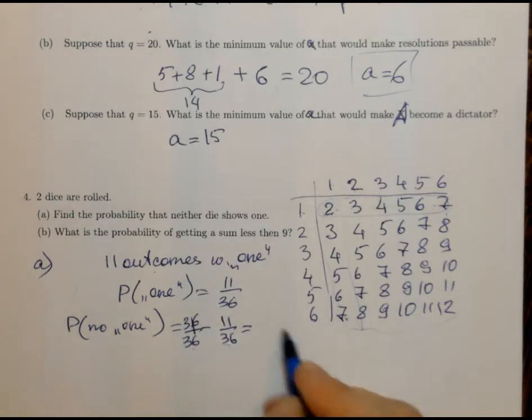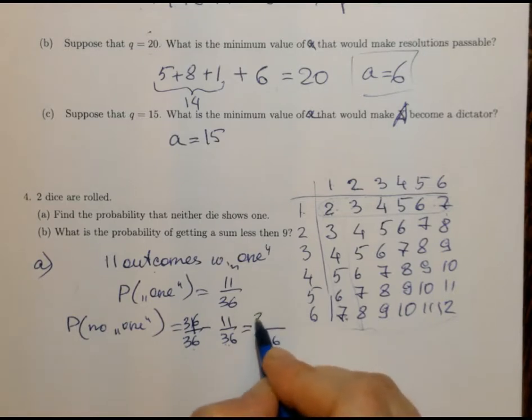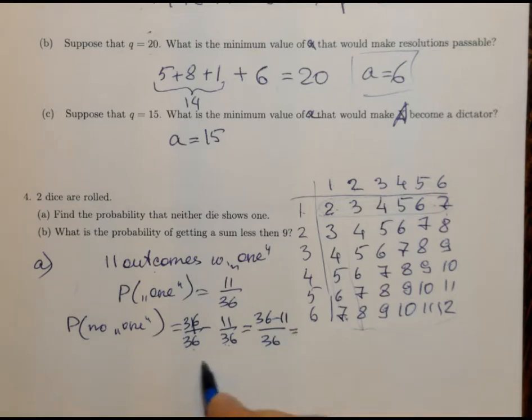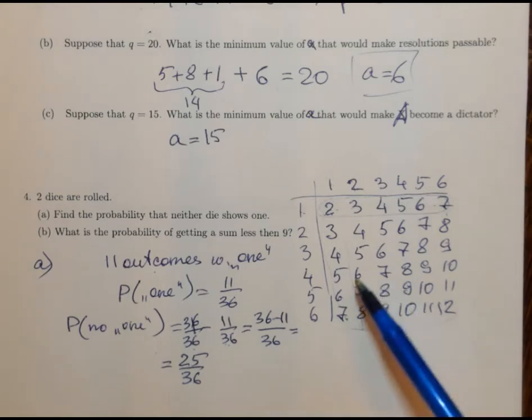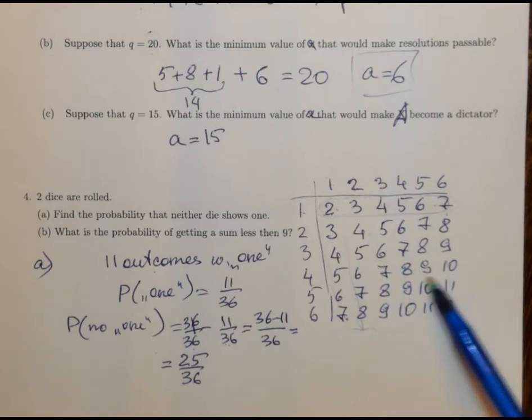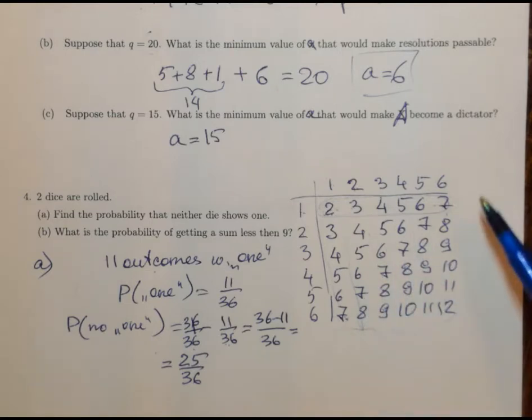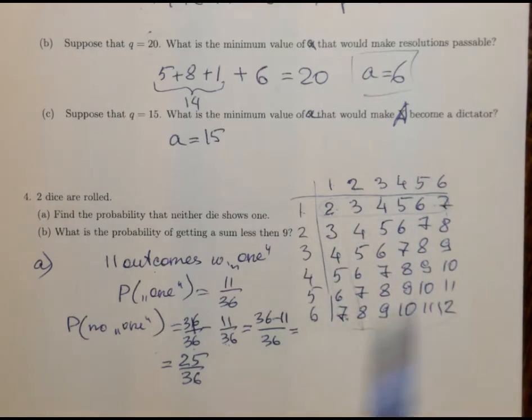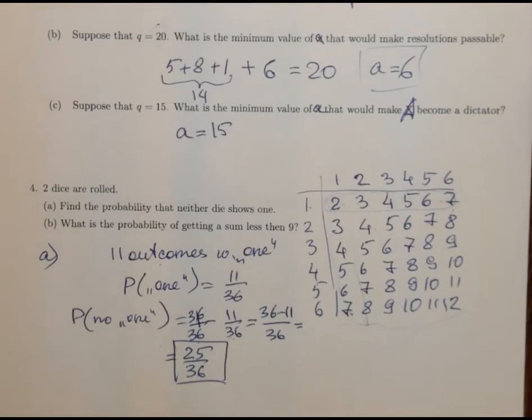Then we have the same denominator, and in the numerator we have 36 minus 11, which is 25. So 25 over 36 is the probability that neither die shows 1. Or you can count them, and you will find it's the same: 25 divided by the number of outcomes in the sample space, 36. So the probability is 25 over 36.